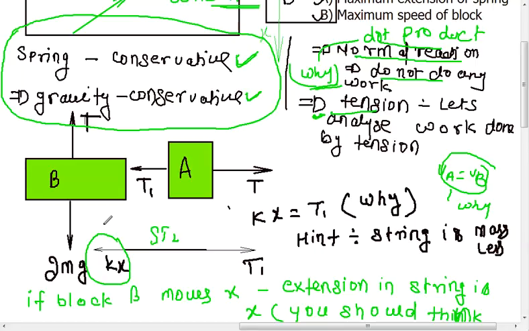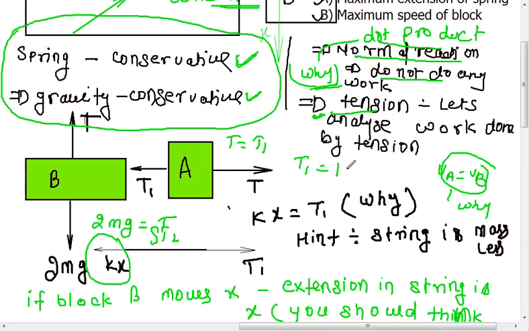If velocity of b is maximum, then net force on b should be 0. So this means 2mg is equal to T. Net force on a also should be equal to 0, so T is equal to T1, and T1 is equal to kx.